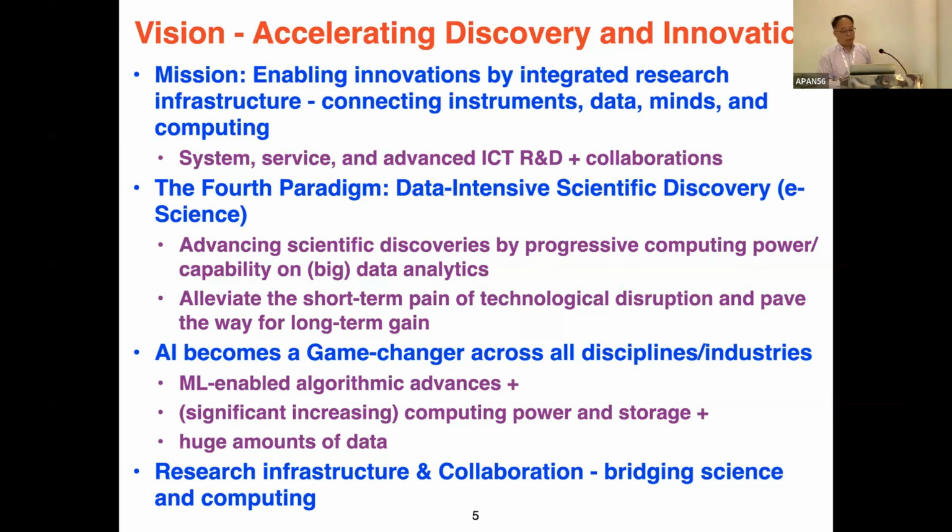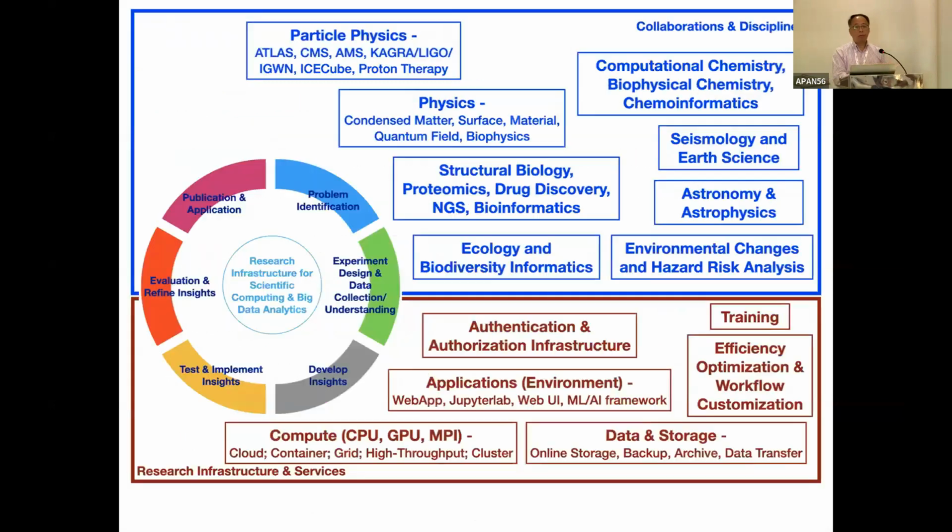The circle on the left-hand side is about the workflow of the user community, typically the requirements of the whole workflow of our users.